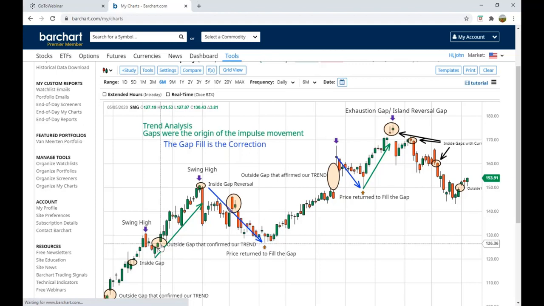So price returned to fill that gap. Again, over here, we have a large gap, and price returned to fill that gap. Once price came back to the gap, it shot away. So this is one of the techniques we're going to use for gap trading. We're going to look at some other techniques, but this is the basic concept of gap trading.